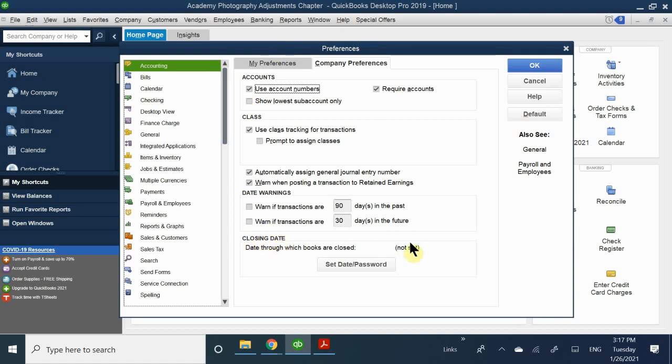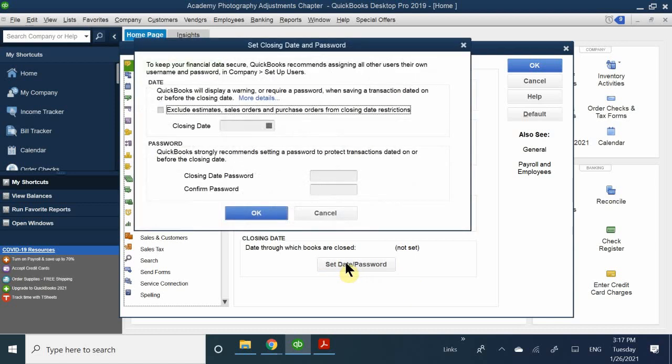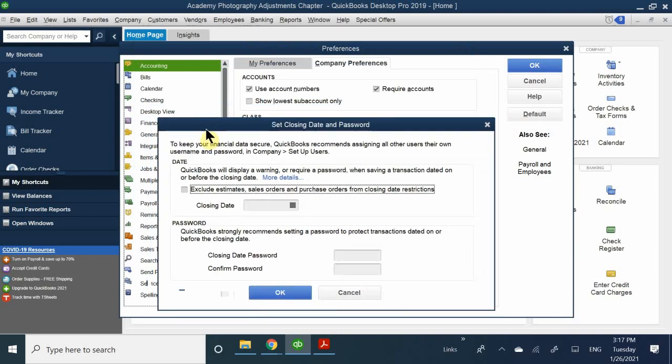And then of course you have Set Date right here. By pressing this, you get this little window that allows you to set the closing date, and it allows you to create a password so you can lock up your stuff for good.